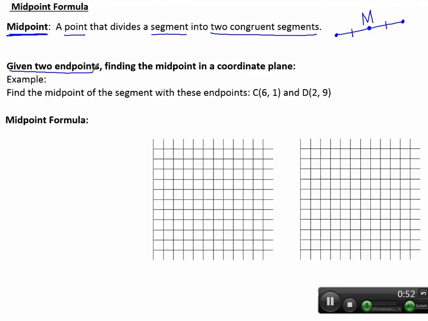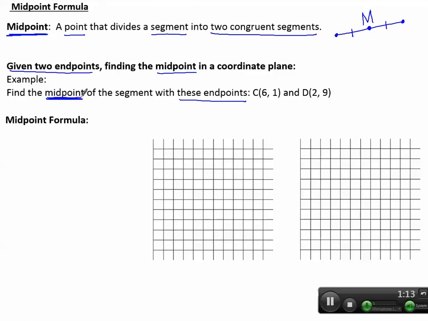Given two endpoints, finding the midpoint in a coordinate plane. Here's an example. Find the midpoint of the segment with these endpoints. Point C is (6, 1), and point D is (2, 9).